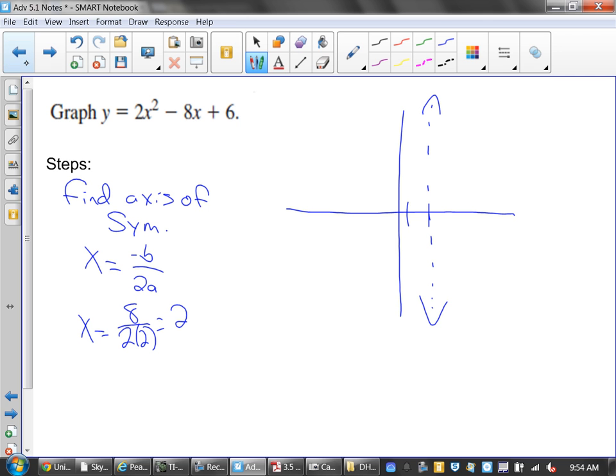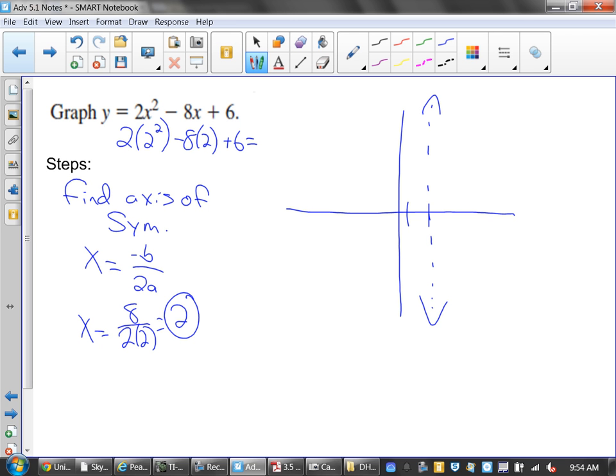So if I take the number 2 and I substitute in, what do you think it's going to give me? It's giving me the y value. It's going to tell me what my vertex is. So I get 2 squared times 2 is 8. 8 minus 16 is negative 8.